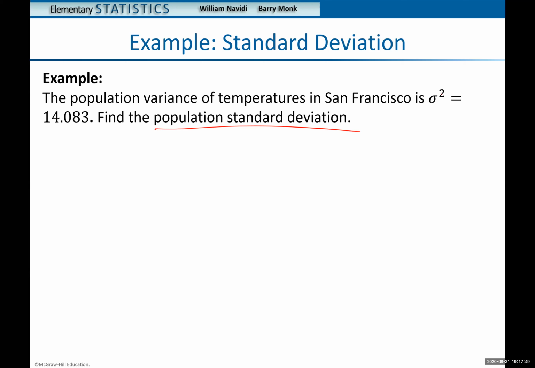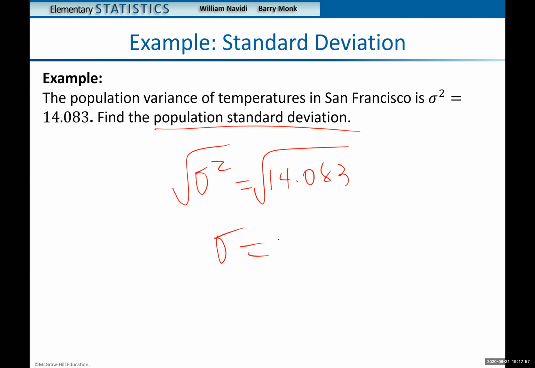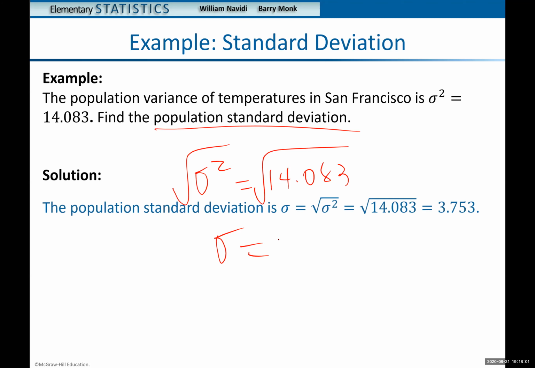So all you have to do is get the square root of this, and you will have your standard deviation. And that is equal to 3.753. So take note of that 3.753.